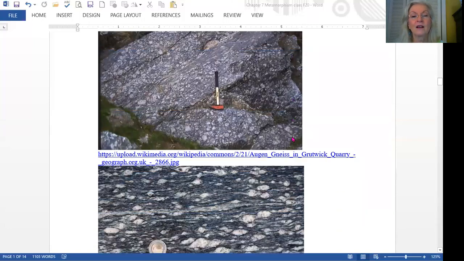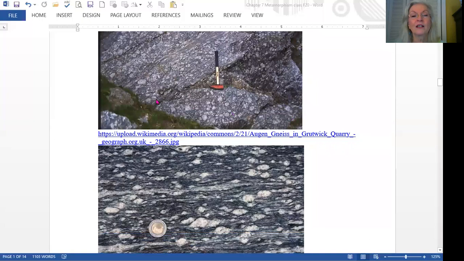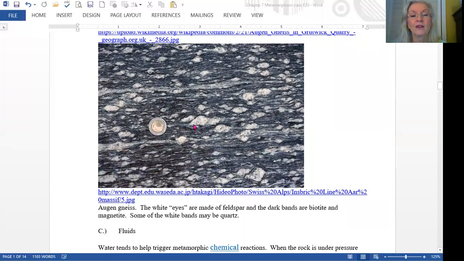So these are both photographs of Augen gneiss. This is a larger scale one at the top. Augen gneiss is a spotted rock. You'll have large areas of round minerals in it that are light colored, usually surrounded by darker minerals. Here's a close-up of it.